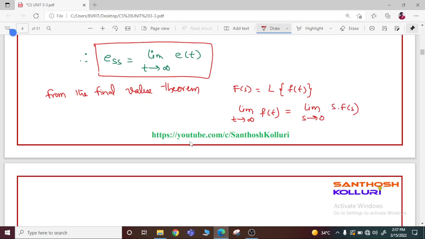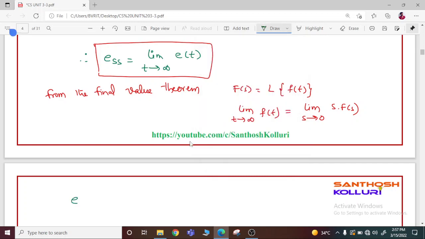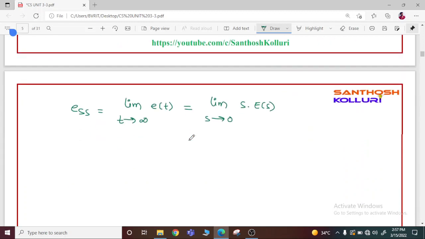So if I apply this final value theorem, the steady state error, limit t tends to infinity E(t), can now be written as limit s tends to 0 s into E(s), which is nothing but s into R(s) divided by 1 + G(s)H(s).